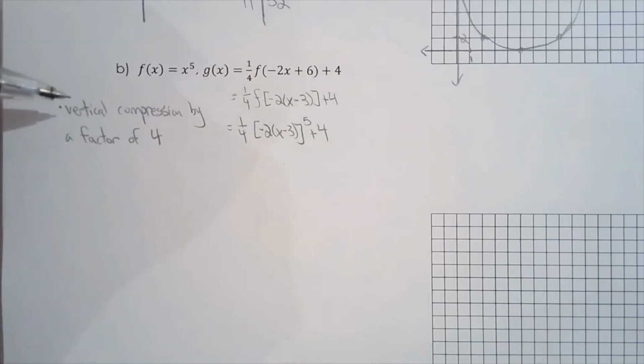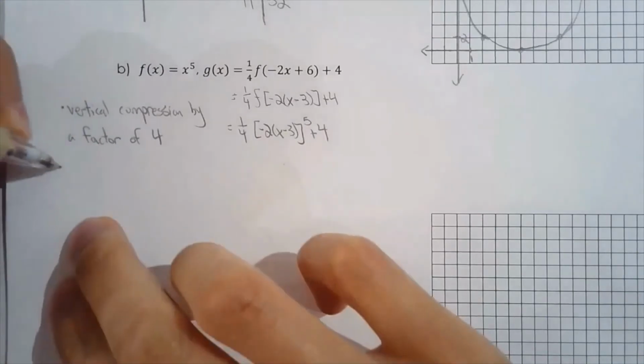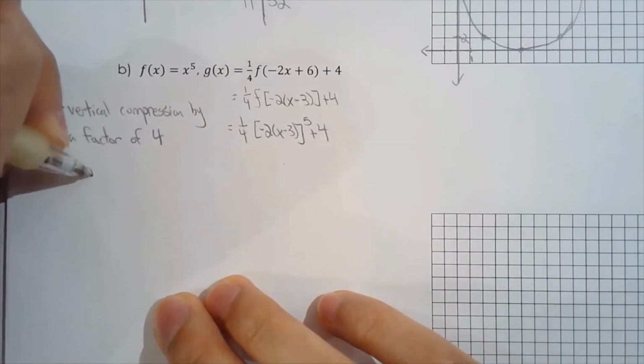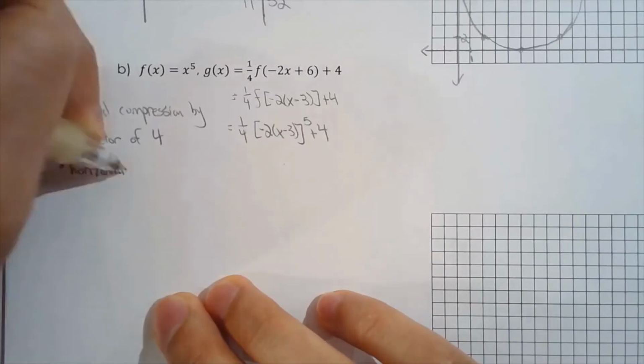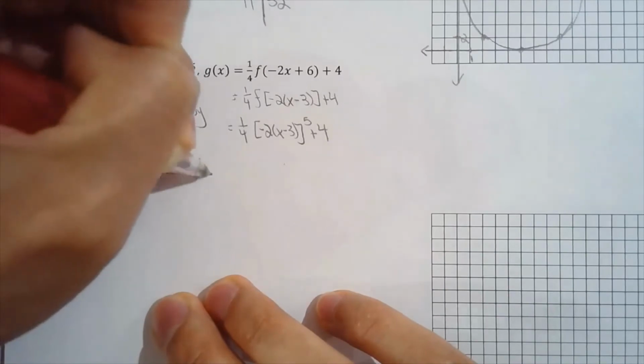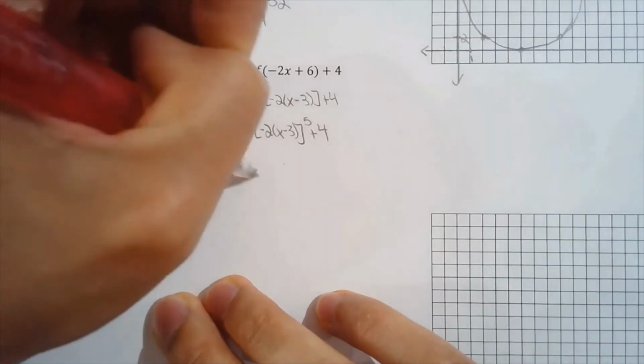If that is what you're doing, if you're dividing the y coordinates by 4, the language of vertical compression by a factor of 4 makes much more sense than vertical compression by a factor of 1/4. Okay, horizontal compression by a factor of 2.